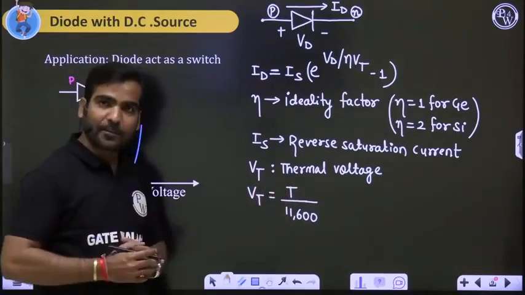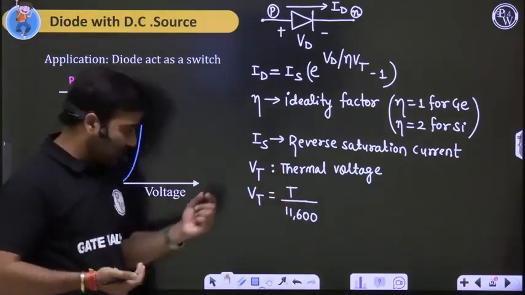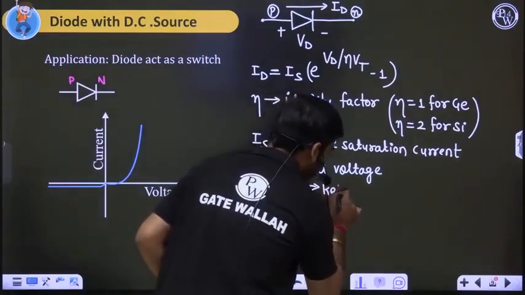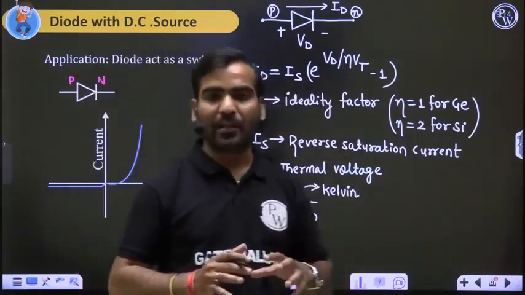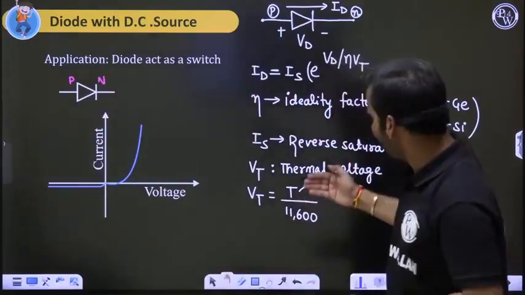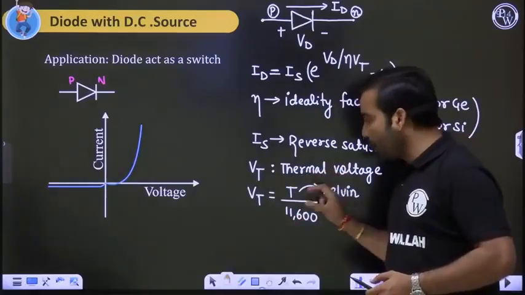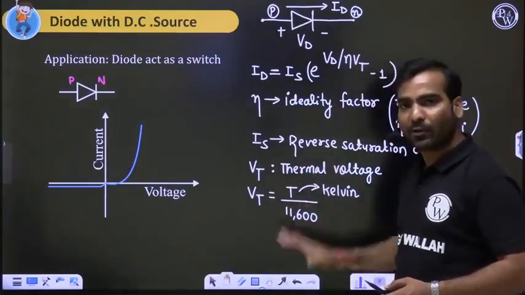T is the temperature. Temperature means, sir, Kelvin or degree centigrade? This temperature T is in Kelvin. So whatever temperature we have, convert it to Kelvin first, put it over here, then divide by 11,600. Whatever number you get is known as the thermal voltage.